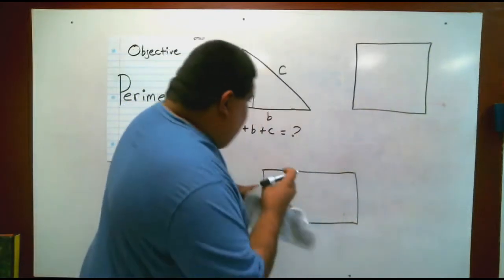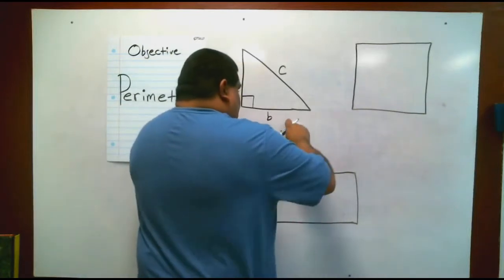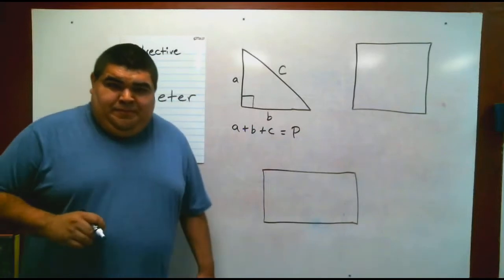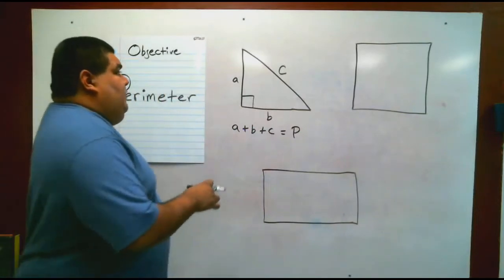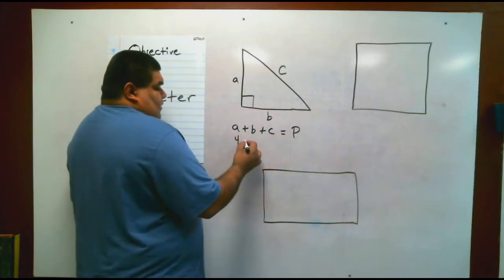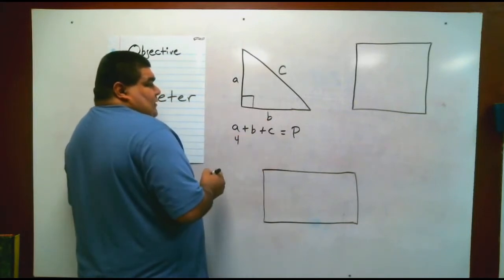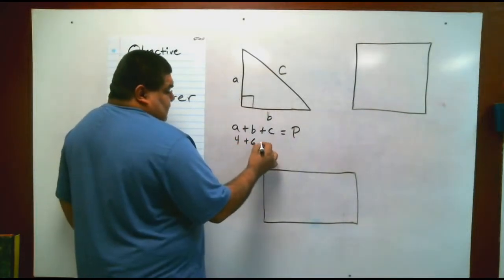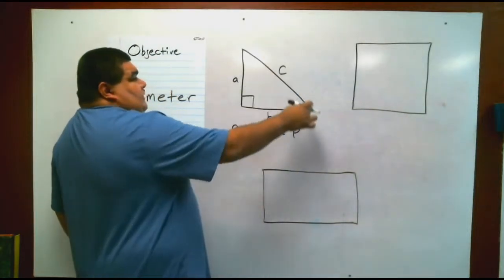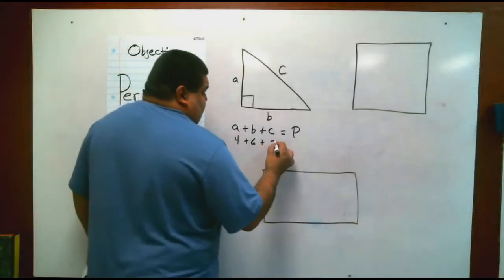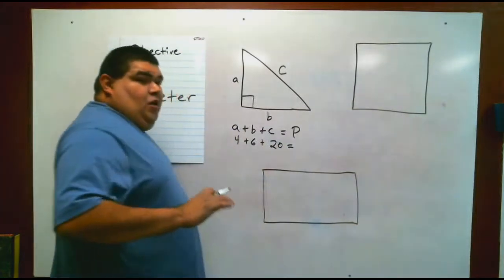Let me put instead of the question mark, let's put a P. So A plus B plus C equals perimeter. So if I were to say A is 4, B is 6, and C is 20, then 4 plus 6 plus 20 equals our perimeter.